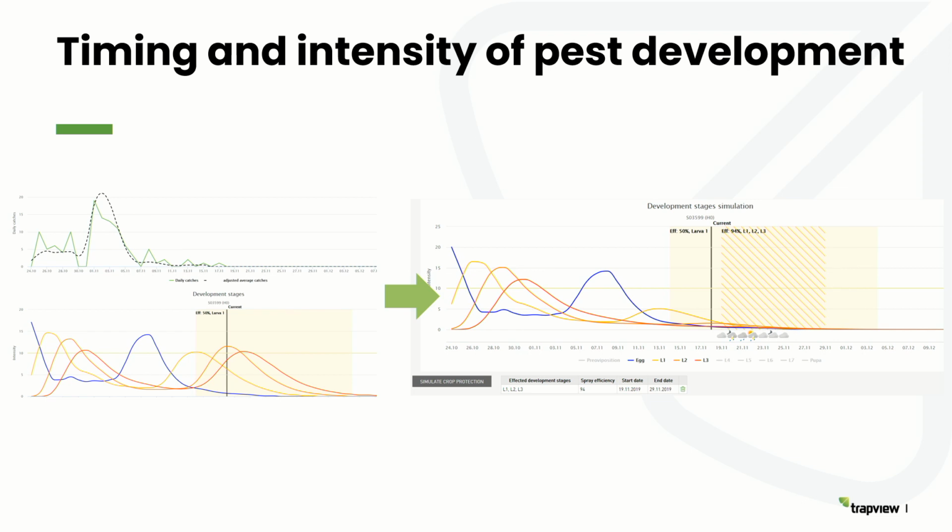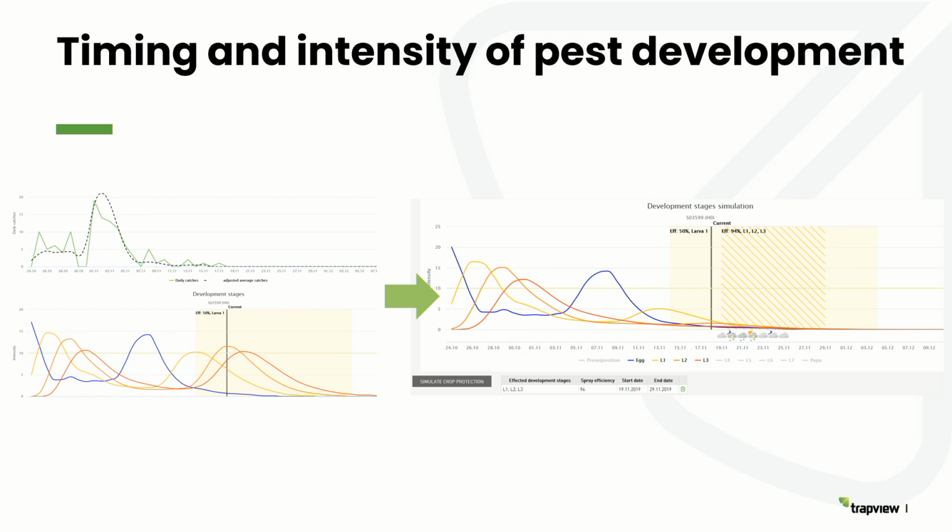You can predict when you will have eggs, when you will have different stages of larvae, and you can also take into consideration not just timing, but also intensity, and also what it means if you apply crop protection, right? Because basically, it's not just monitoring pest insects, it's about understanding when is the right timing to do something about that.